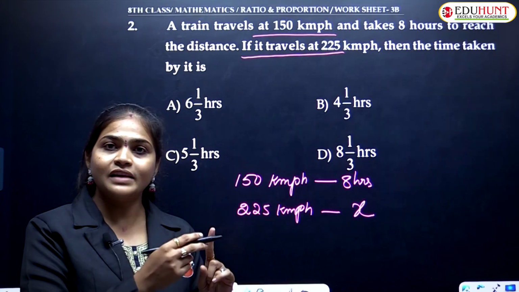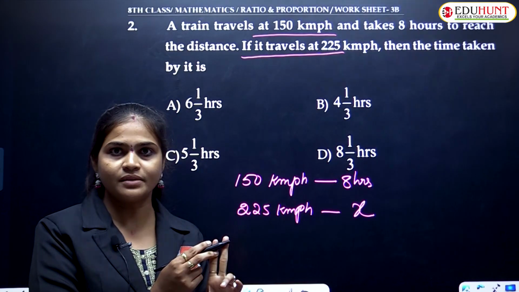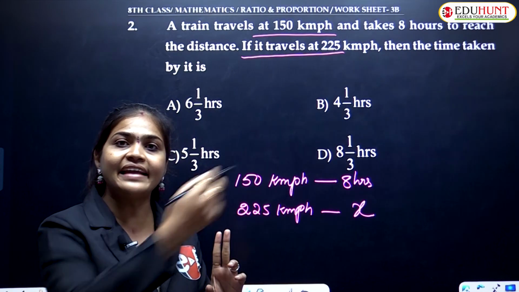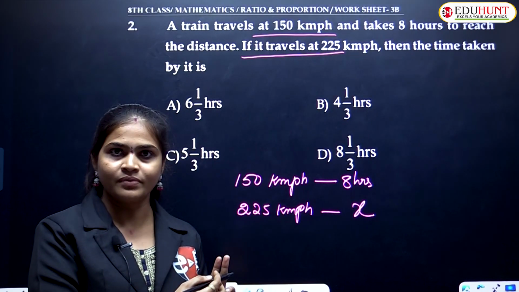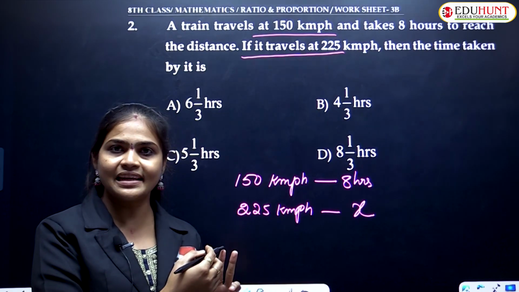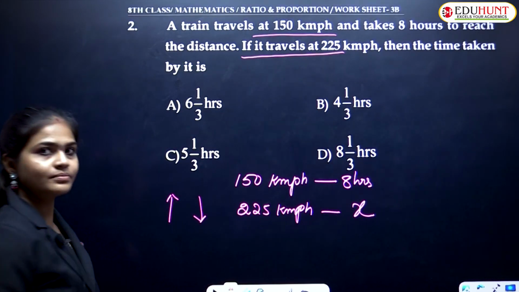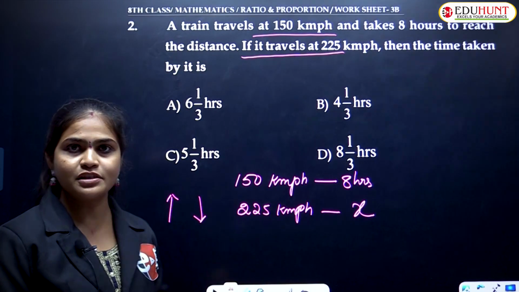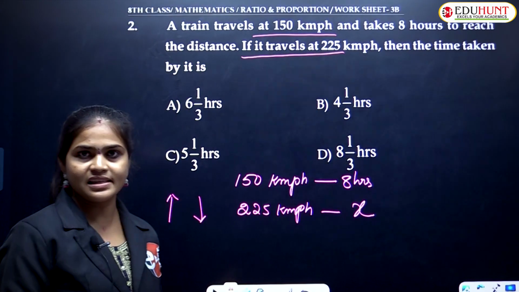So if they use 40 kilometers per hour, then they will reach their destination earlier than that 1 hour. Why? Because here speed is increasing, so time is decreasing. Understand ma? If you increase the speed, then time should be reduced. Then you will reach the destination early.